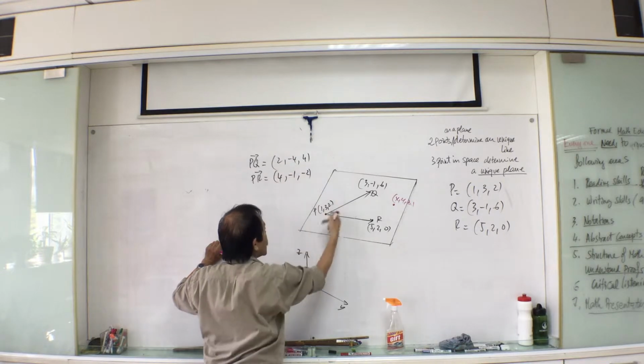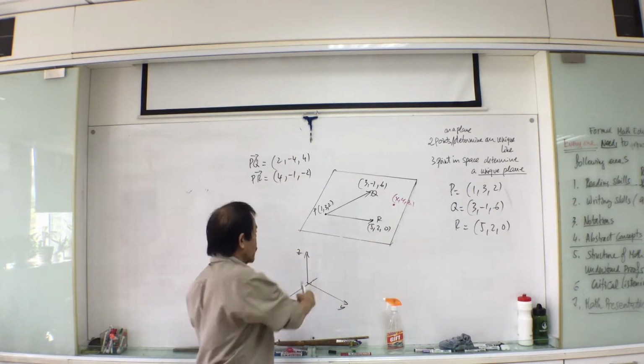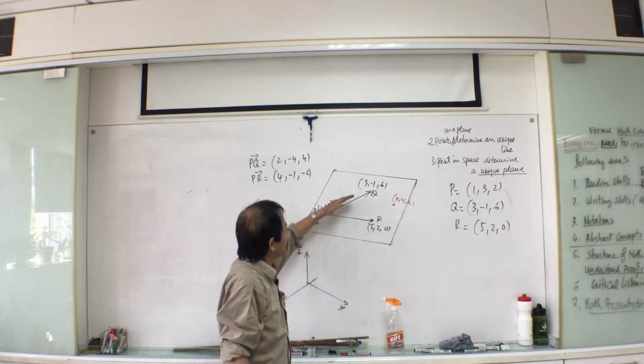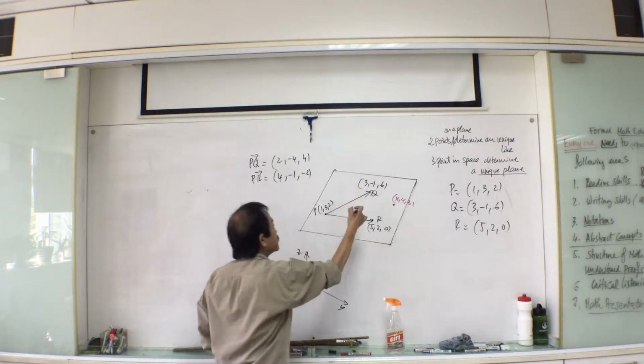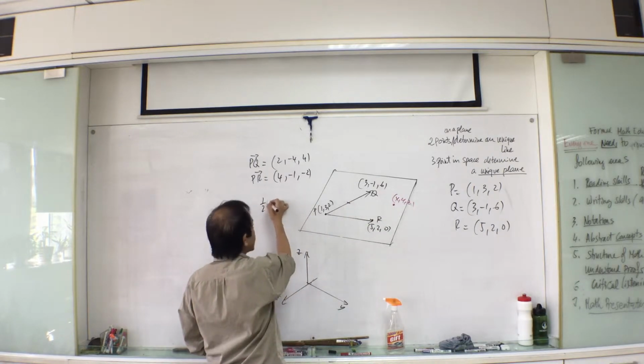So you have vectors PQ and PR. Now any point on the plane here can be written as a combination of this vector and this vector. Let's say half of this vector here, I can do like this, half of PQ.